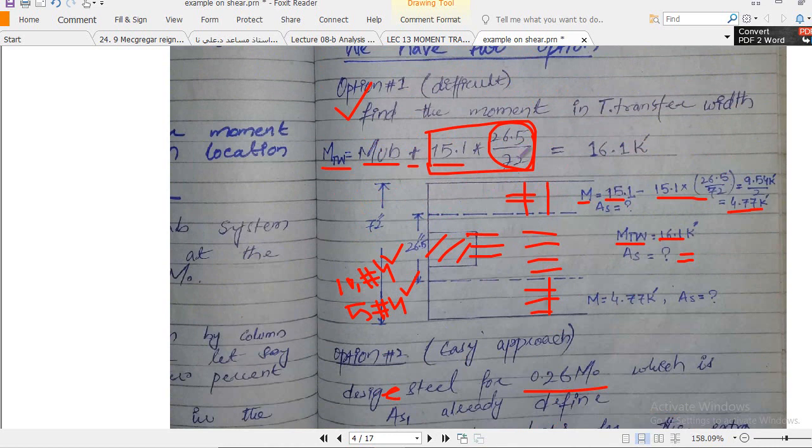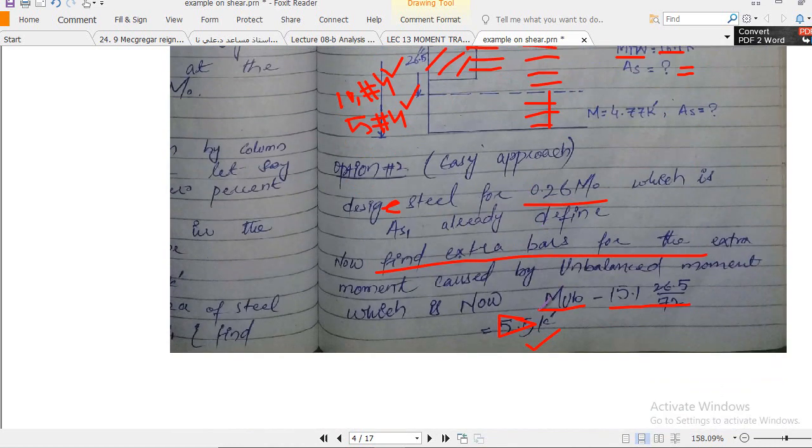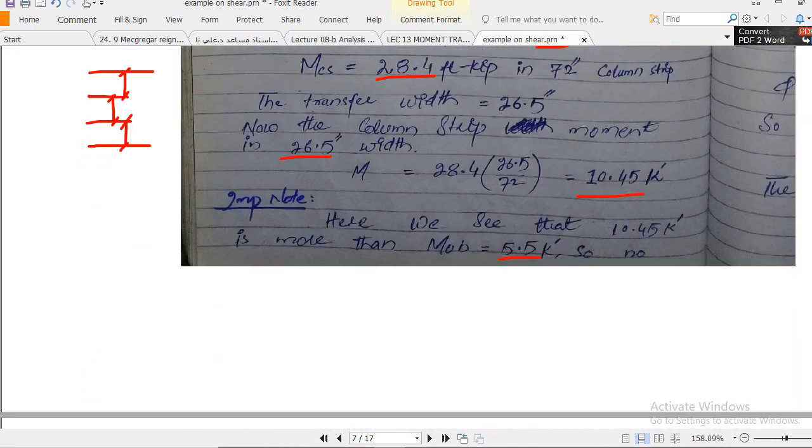on this topic right here, that if, let's say, we got this 5.5, but in this case you see you will get a negative sign, right? Negative sign means that you don't need to provide the extra reinforcement.